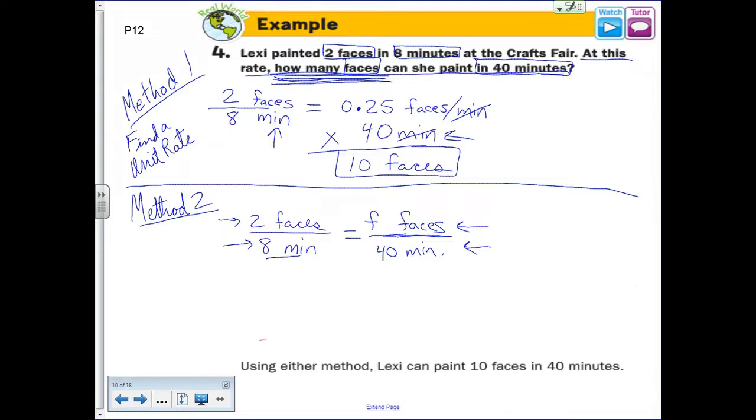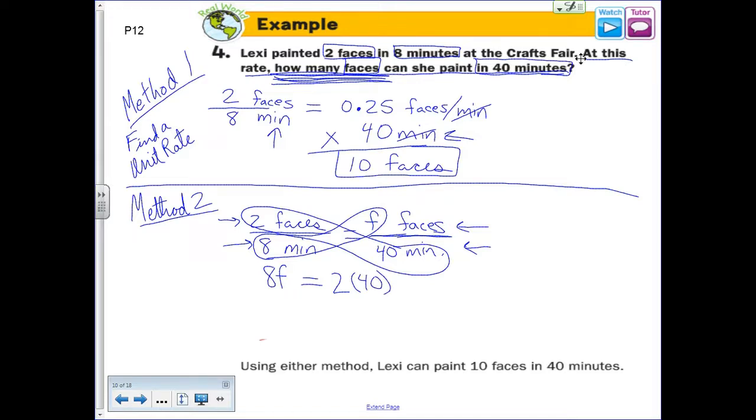So I would say 8 times F. Well, since we don't know what F is, we're going to literally just write 8F, because in algebra, putting a number next to a letter means to multiply. That has to be equal to 2 times 40. Because if you have 2 equivalent ratios, when you cross multiply, their products are equal. And I do want you to write 2 times 40.